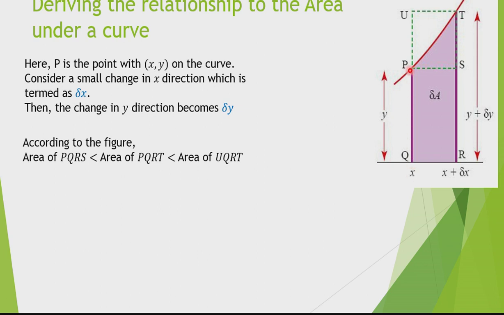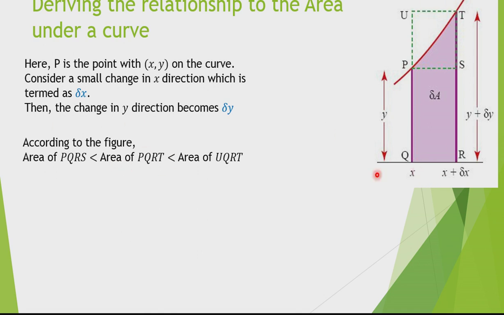The other part is this UQRT rectangle, which is also a rectangle. I can find it using my length into breadth method, quite easy. So the idea behind this is, if I compare these three areas, the smallest rectangle, the area under the curve, and the area somewhat above the curve, which is also a rectangle, you can see that the area under the curve is in between the areas of these two rectangles.